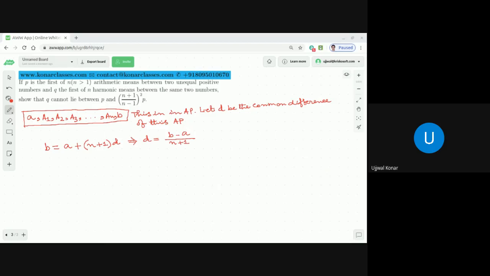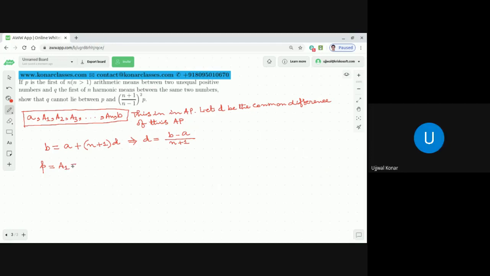I will explain why I am doing all this. Then what is P? P is the first of this arithmetic mean. That means, can you tell me what is P? P is nothing but capital A1. Correct or not, dear students? What is capital A1?